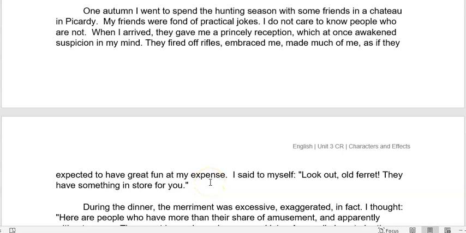So they expected to tease him and joke with him and do a practical joke on him to make him look silly or funny, or have him do something that was silly or funny. "I said to myself, look out, old ferret. They have something in store for you." So look out, be aware. They have something in store for you, right?